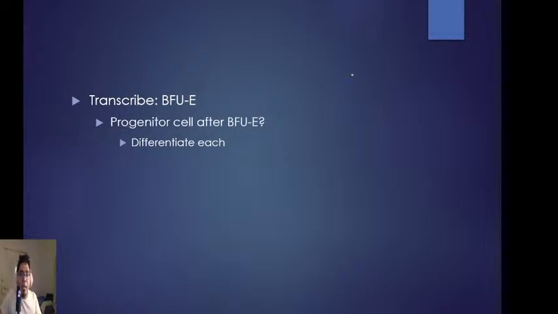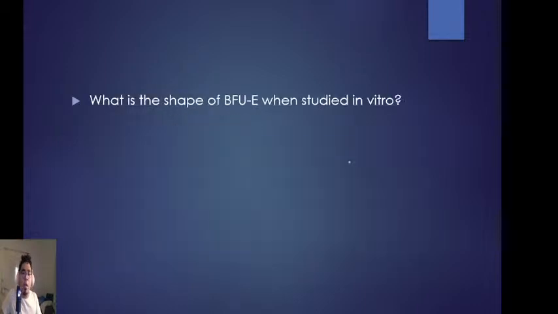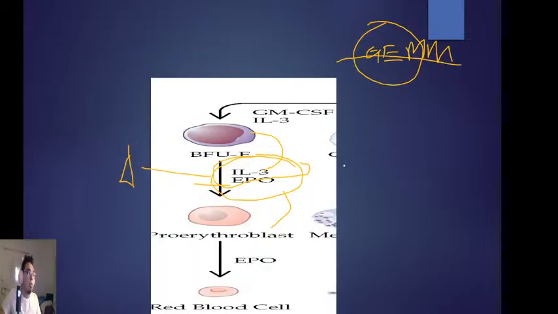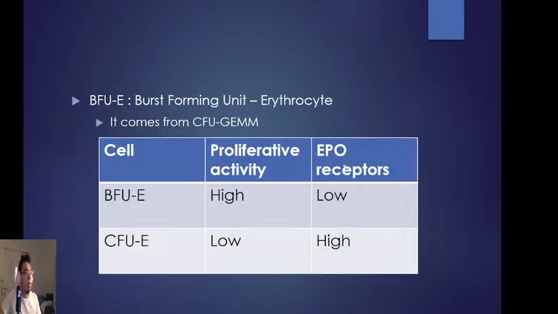It comes after that one. And how do we differentiate the progenitors of BFU? If you differentiate them both, BFU has a higher proliferation rate because it's the younger form.